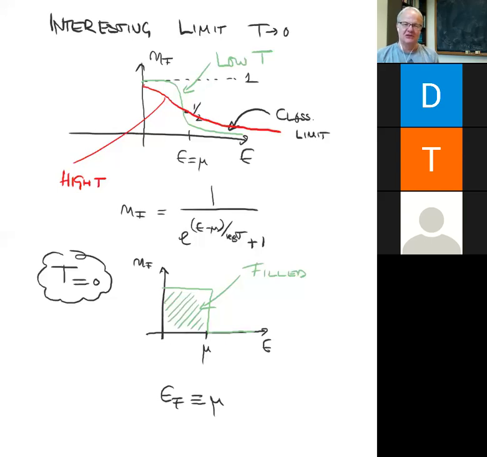So for electrons in a metal, the dominant source of pressure is not thermal motion, it's just Fermi degeneracy pressure. It's the fact that they cannot all be at zero momentum. Or for the neutrons in a neutron star, the source of pressure that prevents the star from collapsing to a black hole is not thermal motion, it's Fermi degeneracy pressure.